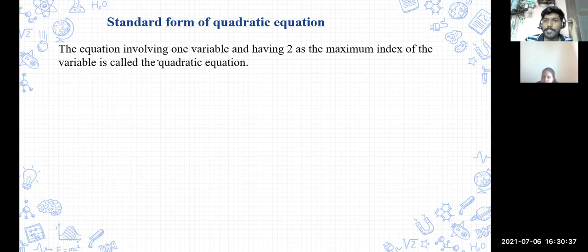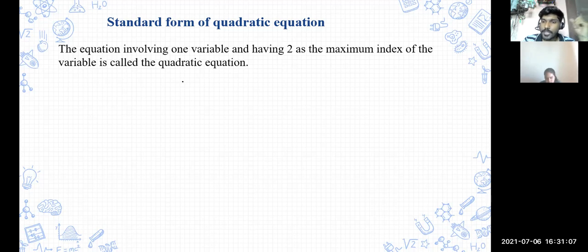Okay, standard form of quadratic equation. So now the next concept we'll be seeing is identifying whether a given equation is quadratic or not. Whenever you are identifying, you have to think about the definition. For it to be quadratic, first, it has to have only one variable. There cannot be two variables, there cannot be three variables.